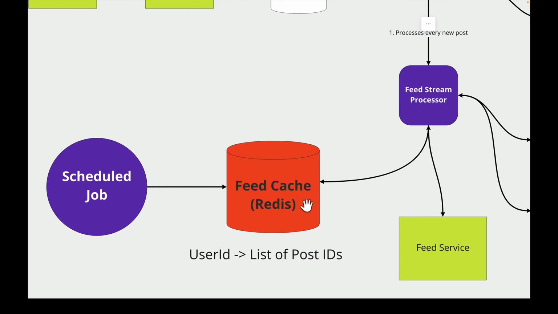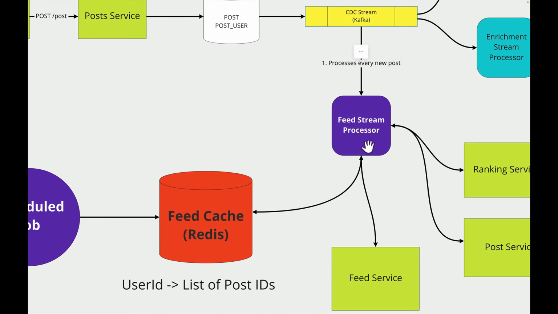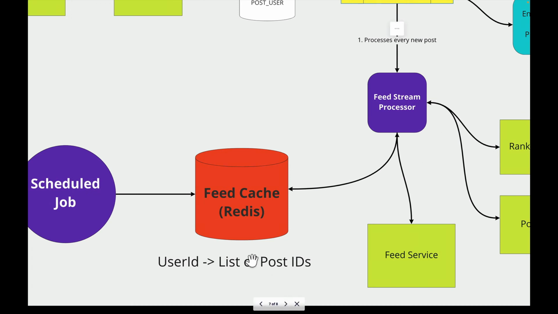To recap, all the stream processor is going to do is take in every single post that was created and figure out who else this post should be shown to. For those users, it recomputes the feed of that user, now including this new post that was just created, and then sticks that mapping between the user ID and the list of post IDs into the cache that we were talking about.